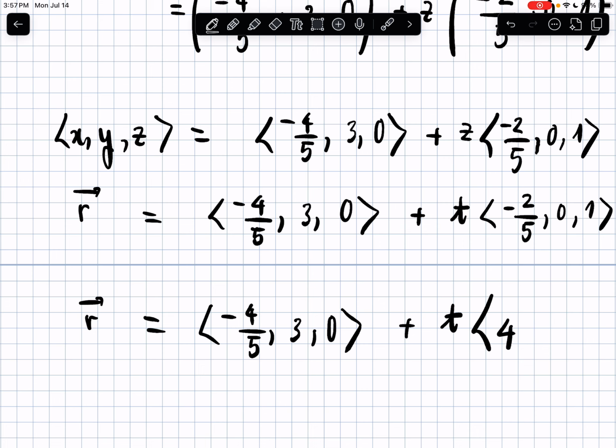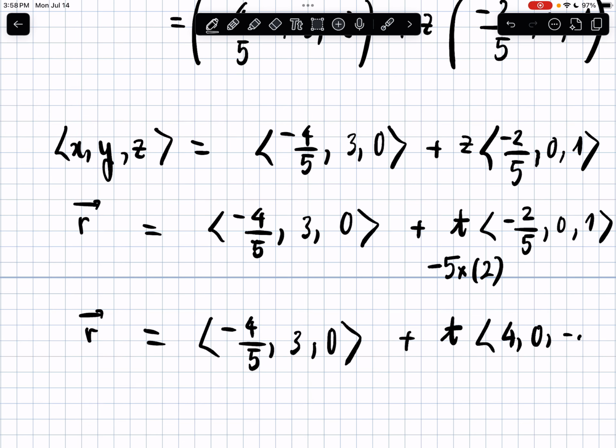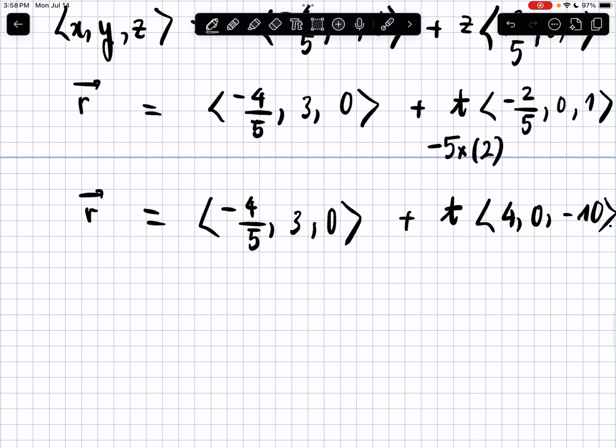If we multiply everything by 5, minus 2 times 5, so minus 10, we have minus 2, 0, 5. This gives us the vector equation of the line we need to find.